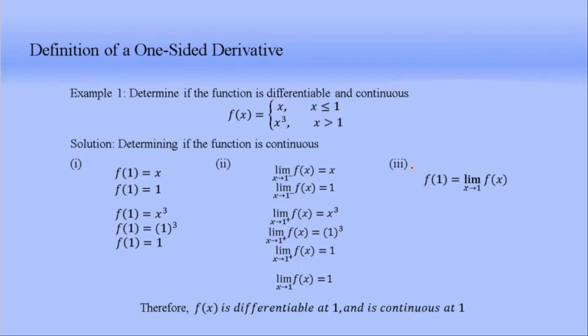And this also satisfies the third condition, as f of 1 is equal to the limit of f of x as x approaches 1. And for the whole example, we can conclude that f of x is differentiable at 1 and is continuous at 1.